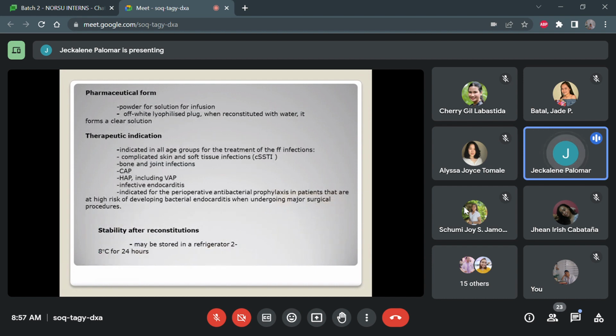The pharmaceutical form of vancomycin is a powder for solution for infusion, a white lyophilized plug which forms a clear solution when reconstituted with water.